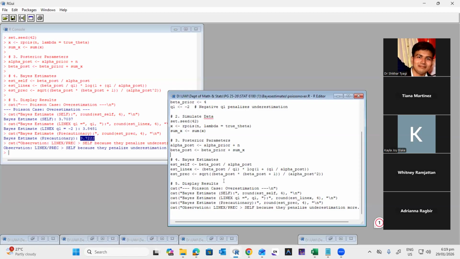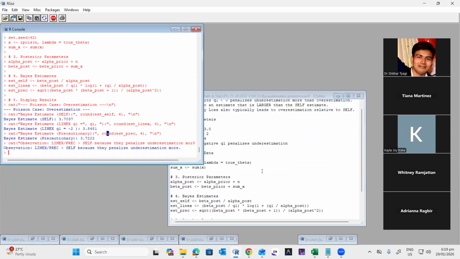Self is better in comparison to the line x. In comparison to the line x, under the situation where underestimation is more serious, the self is better, but self is not better than the precautionary line x when you are going to take overestimation more seriously.